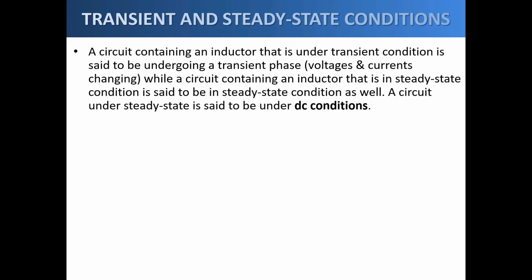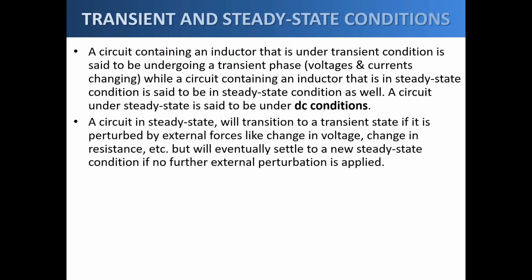Sometimes a circuit that is under steady state is said to be in a DC condition. A circuit in steady state can transition to a transient state if it is disturbed by external forces, like, for example, a change in voltage, a change in resistance, and many more.